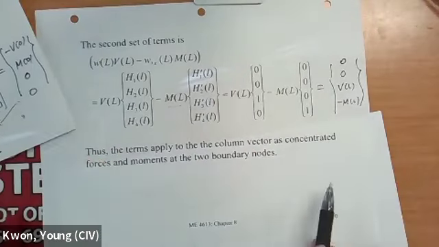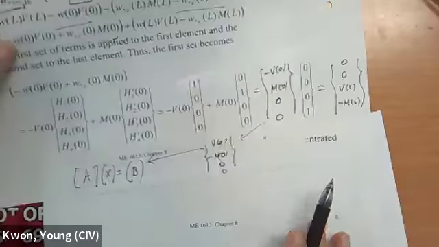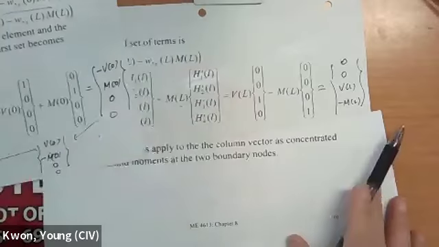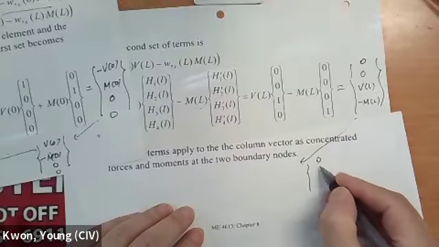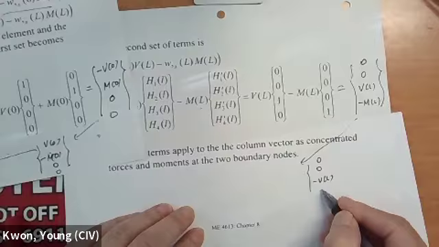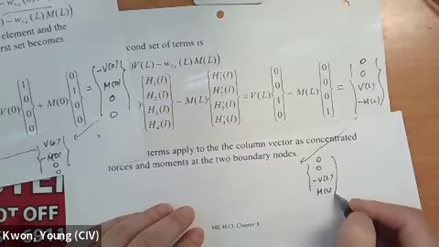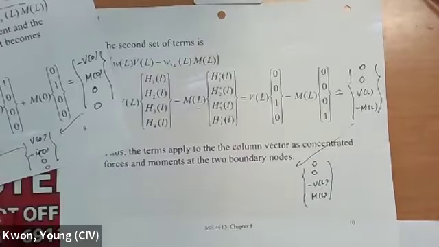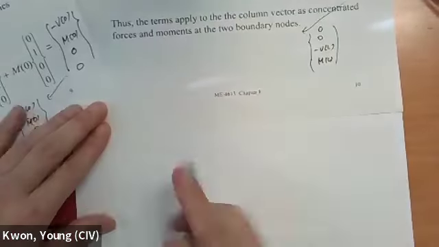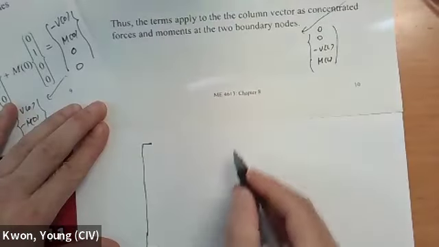But if you put this one to the right side, this one has to change sign: 0, 0, minus VL and positive ML. So when you construct the matrix equation and apply the boundary condition, you get the big matrix equation.